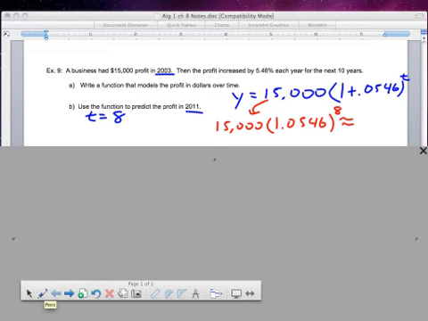And you'll see here 15,000 times parentheses 1.0546 raised to the 8th power is going to yield $22,950, and whoops, that's a point there, not a comma, 0.56 cents. So $22,950.56 is what this investment will be in 8 years.